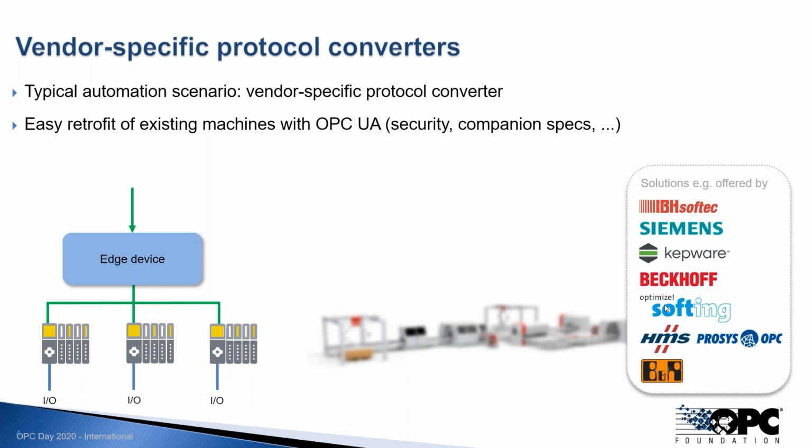These converters on the edge device communicate to the PLC in some vendor-specific protocols in this first scenario. So we have vendor-specific protocols, and this edge device is converting then to OPC UA for being accessed from above.